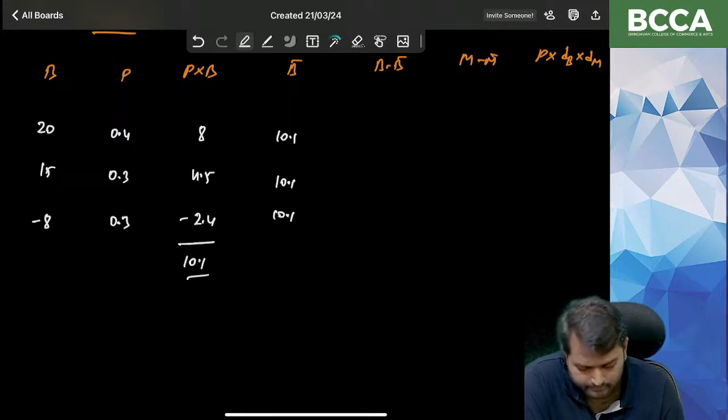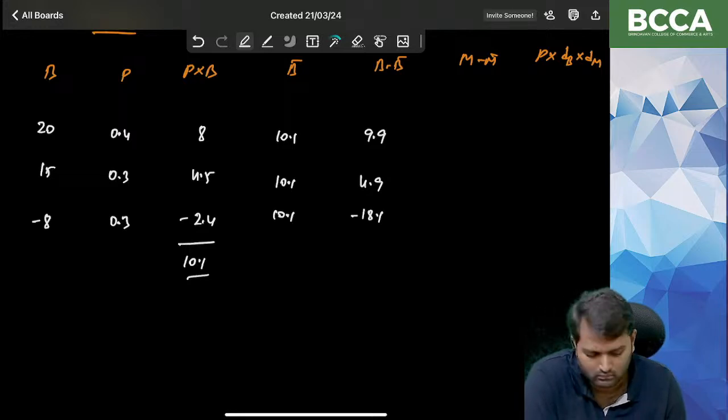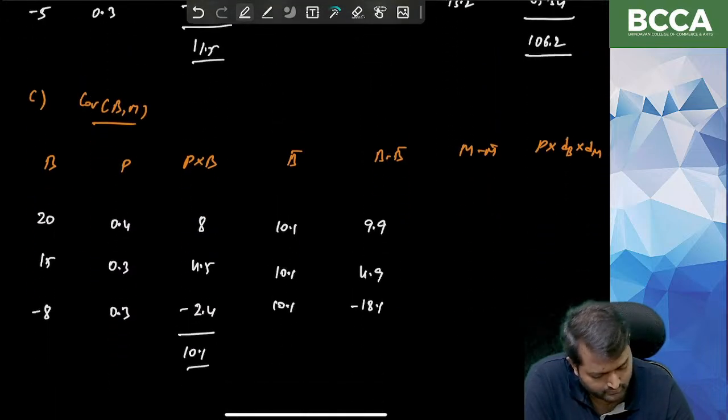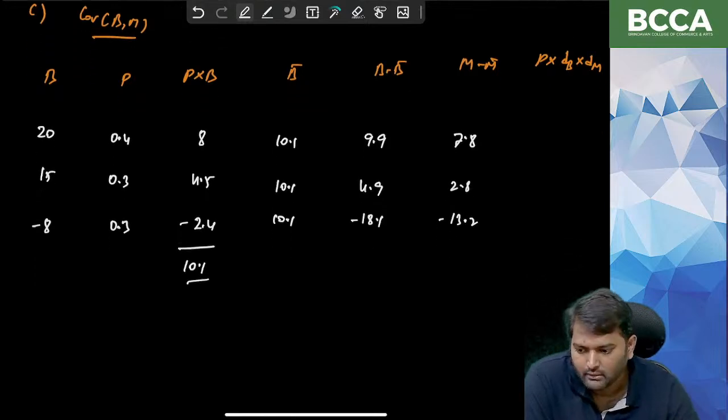B minus B bar: 9.9, 4.9, minus 18.1. Yes or no? Next M minus M bar: 7.8, 2.8, minus 13.2. Next, P into deviation of B into deviation of the market.